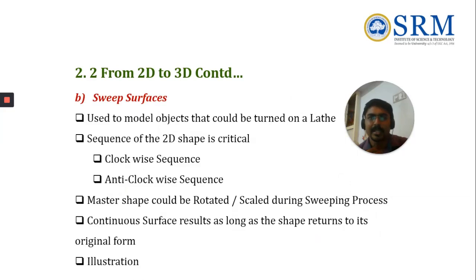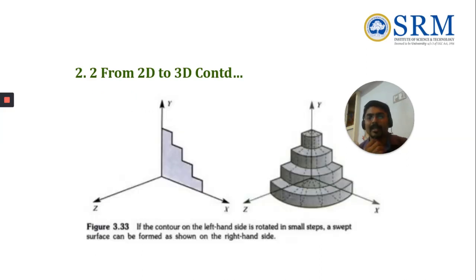Next one is sweep surface. First of all we go to the diagram, then I will explain it. In this diagram, the stairs are not directly taken from 2D to 3D.